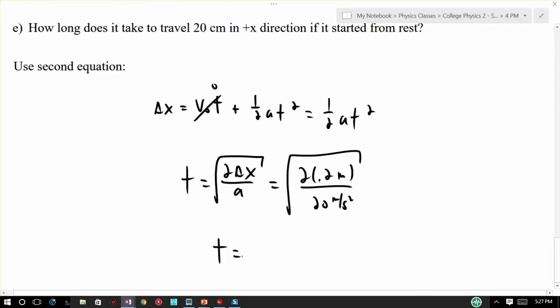So this works out to be whatever it is. It's 0.14 seconds. So it's not that long.